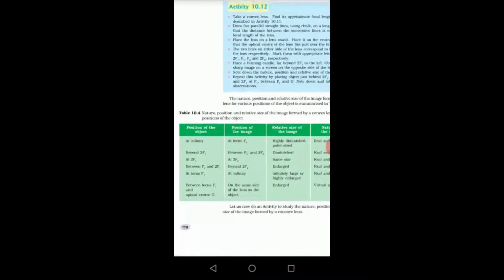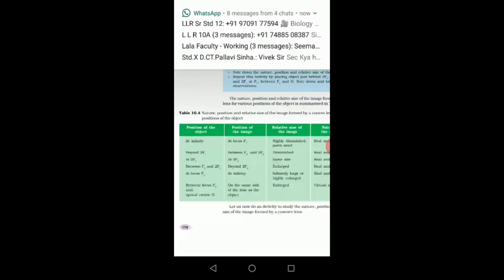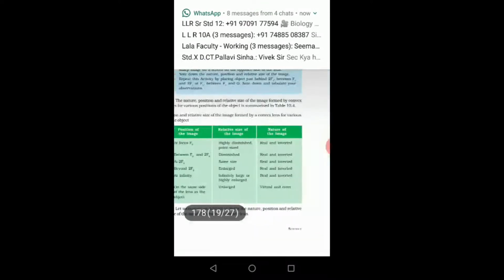Then second case, when an object is placed beyond 2F1, the image is formed, A, between F2 and 2F2. Number 2, diminished. Number 3, real.